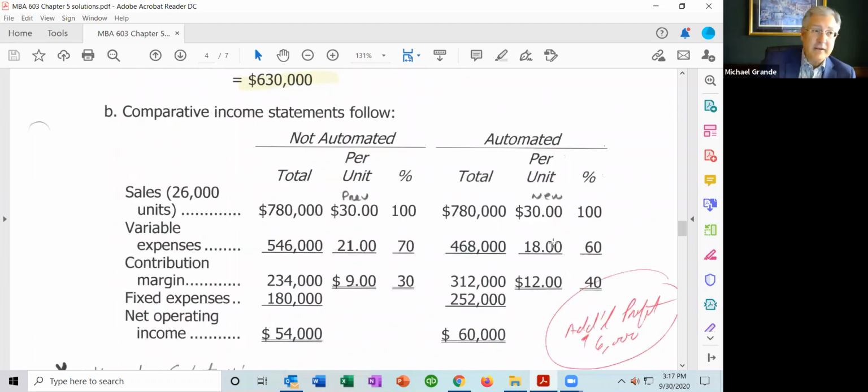So not automated, automated. The not automated is what? The original scenario, right? With regard to sales price per unit and variable cost per unit with that same 30% contribution margin ratio. The only difference is what? They're selling 26,000 units at $30 per unit.